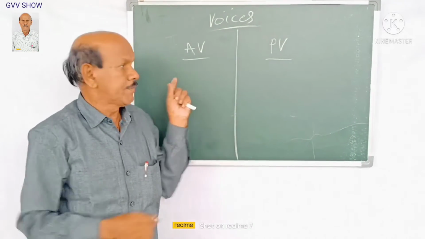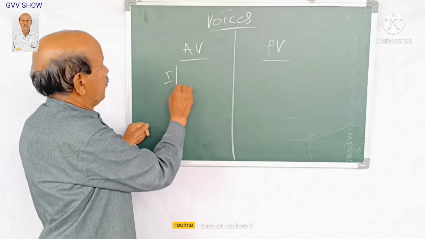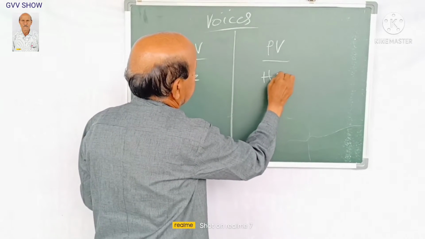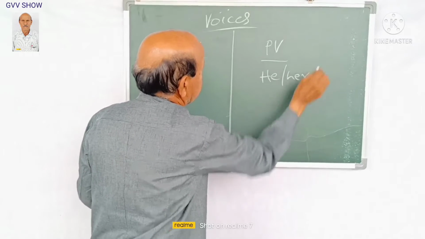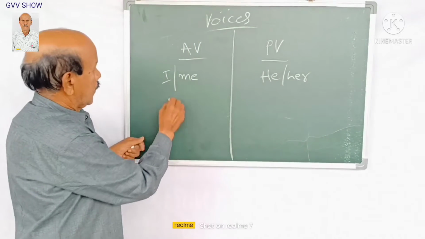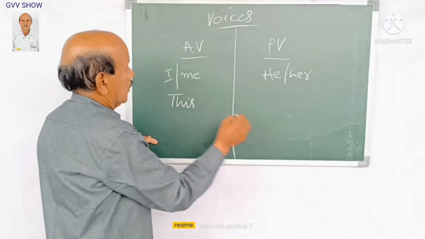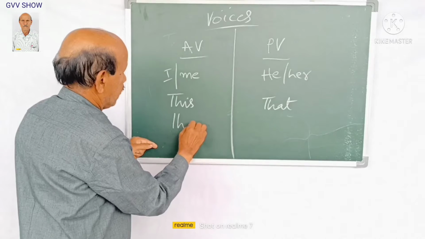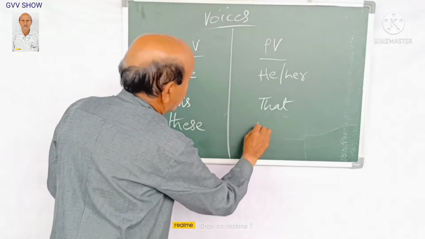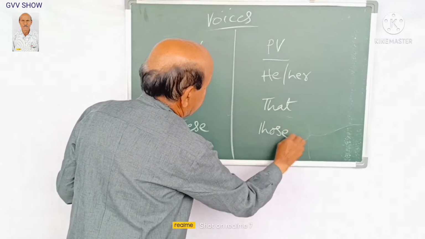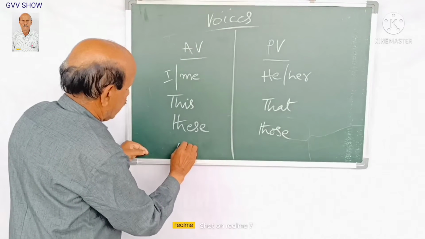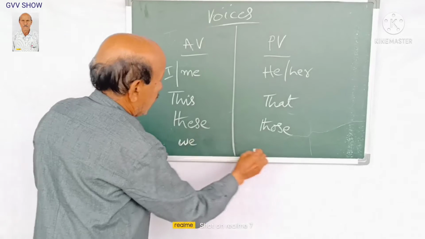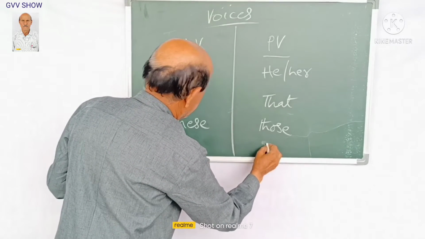When active voice has I, me, it changes to he, her; this, that; these, those; we, us, them.